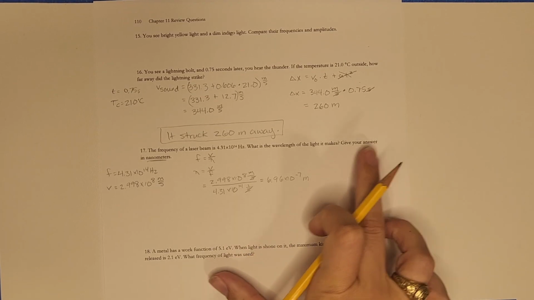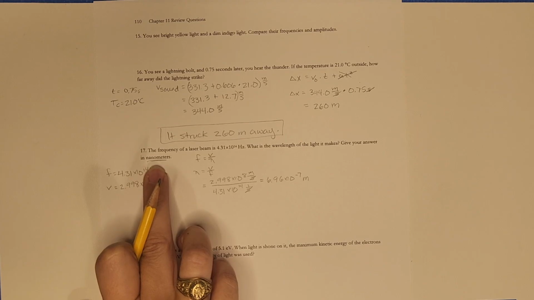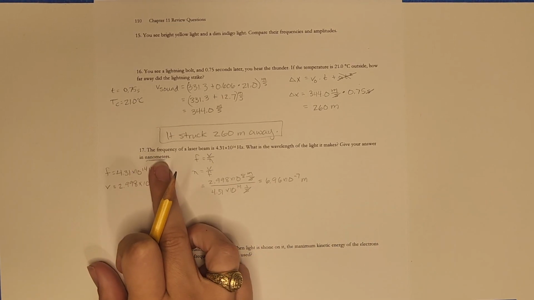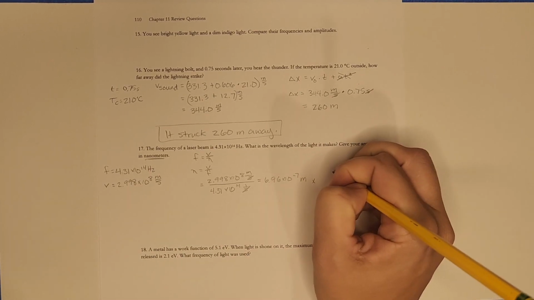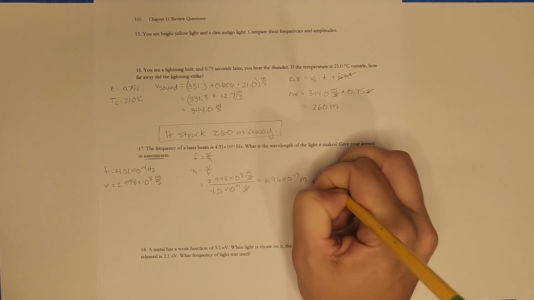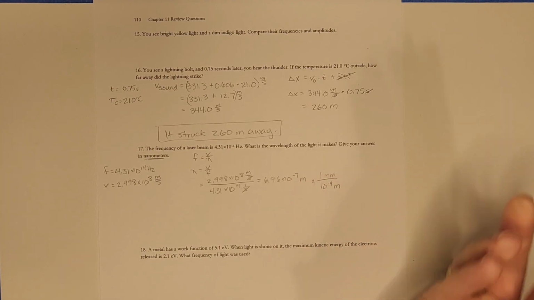But like I told you, this is going to be important. We are not reporting our answer in meters. It's nanometers, okay? So we have one more step to get the final answer. So we're going to convert this to nanometers, and 1 nanometer equals 10 to the negative 9th meters.